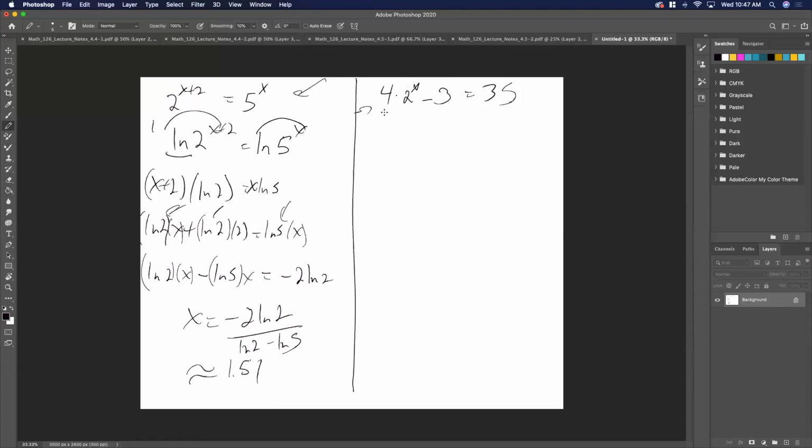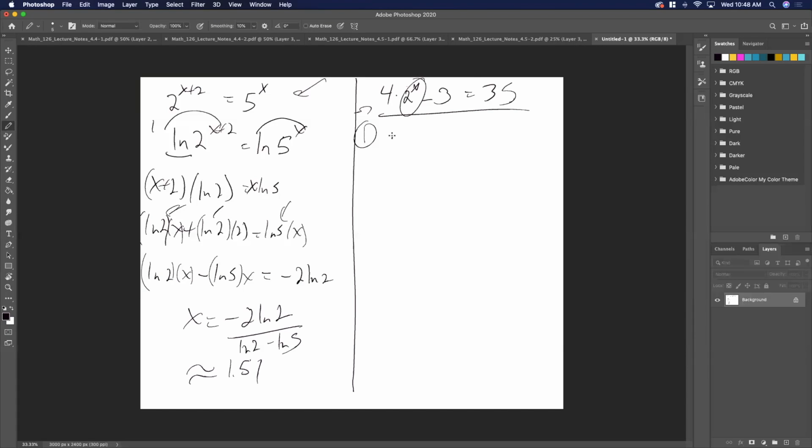Okay. Has anyone tried this one yet? 3.25? I think that's right. So let's crunch through it. So here I want to isolate this. That's my first step. So I need to move 3 over.